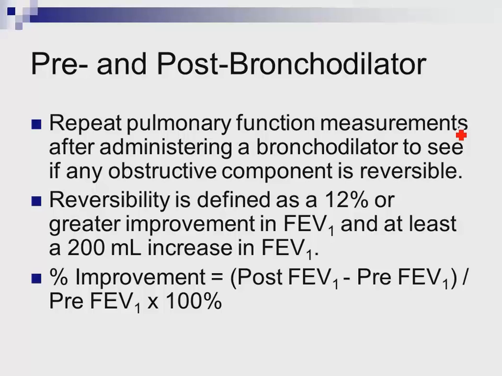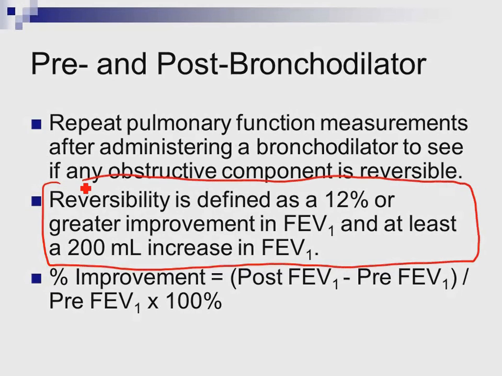We're going to define a reversible lung problem as having both a 12% improvement and a 200 milliliter improvement. So I look at my post minus my pre divided by my pre. Put another way, my new minus my old divided by my old.